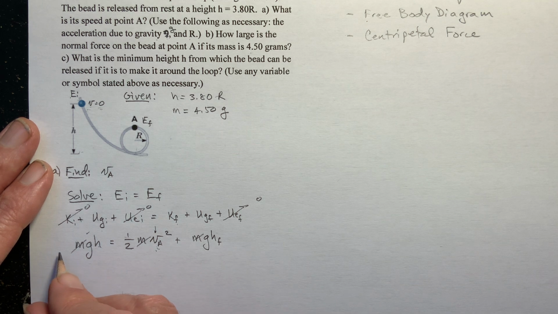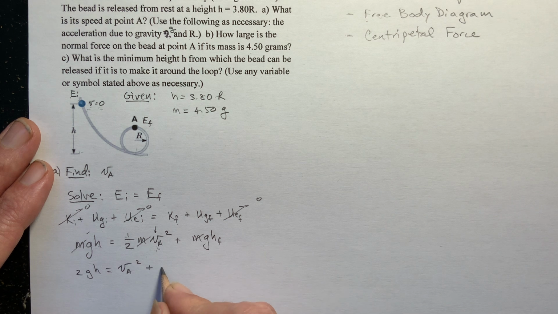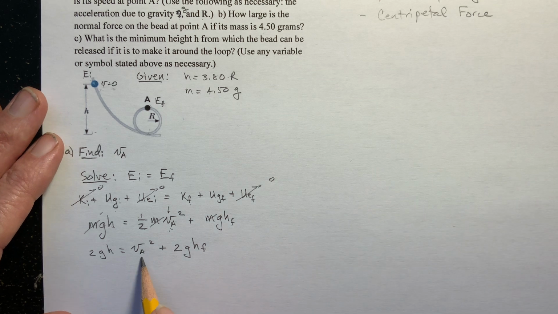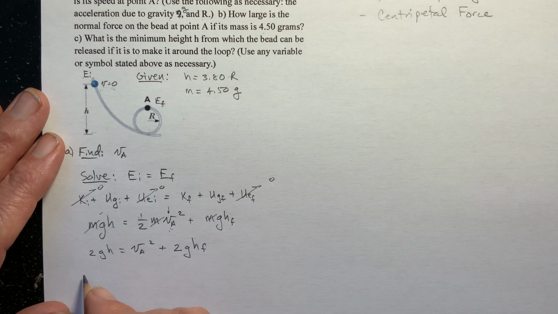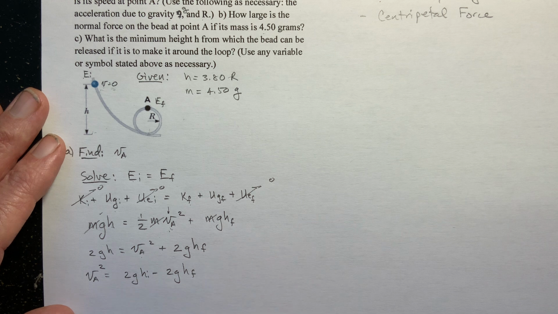So first thing I'm going to do is multiply everything by 2. And that's going to be VA squared plus 2gh final. Now I'm going to put this on the other side. So VA squared is going to be equal to 2gh initial minus 2gh final.